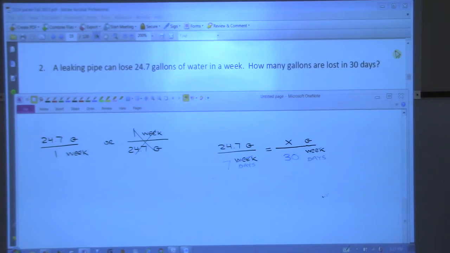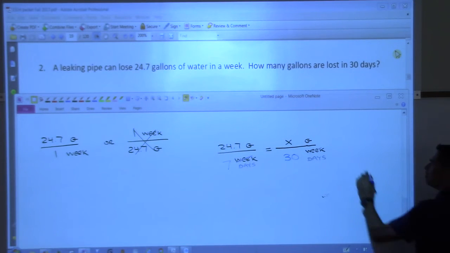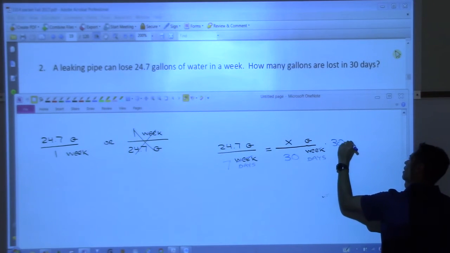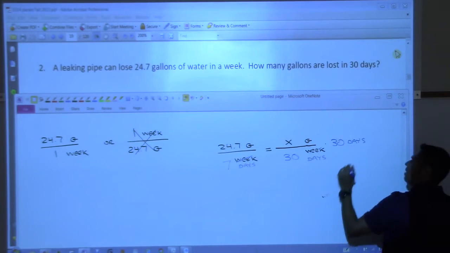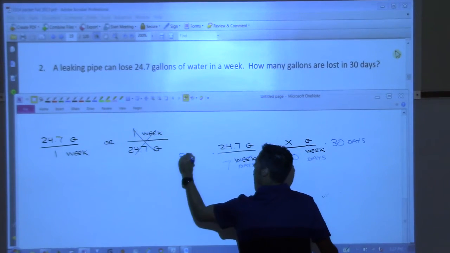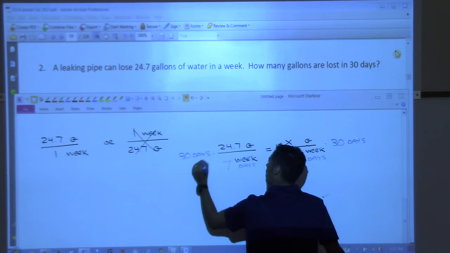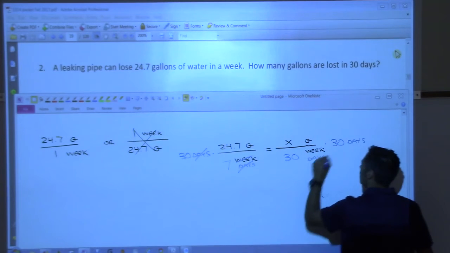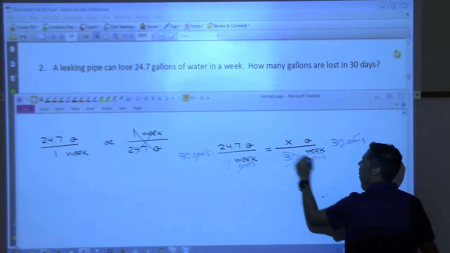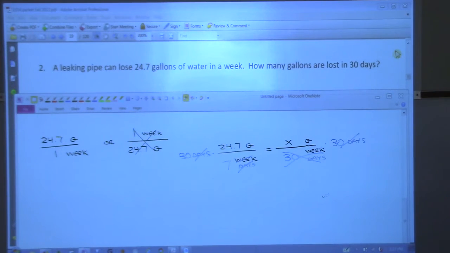Make sense? And now, what would I do to get X? Multiply both sides by 30 days. So times 30 days over here, times 30 days over here. The days are gone. Everything's gone there.